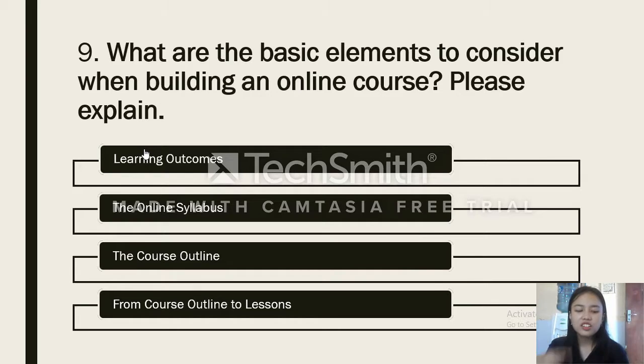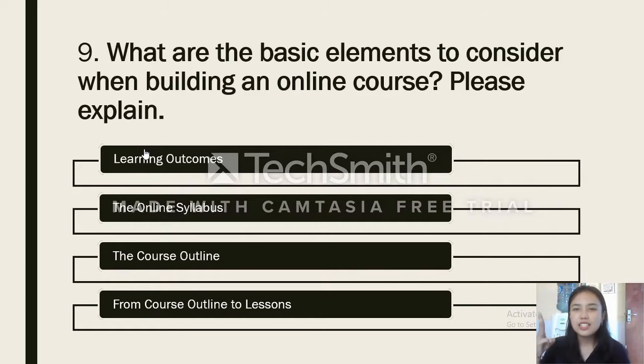Online syllabi include additional items that are specific to online needs. This includes a communication strategy, a clear description of the course time frame and format, technical requirements and support, and the last is a detailed course outline with start and end dates.